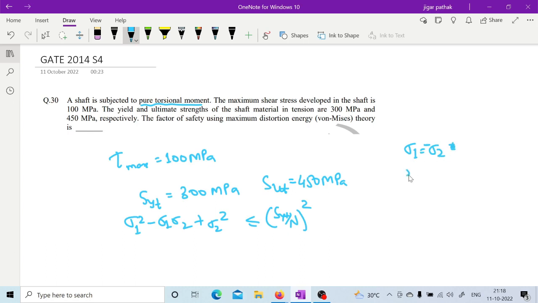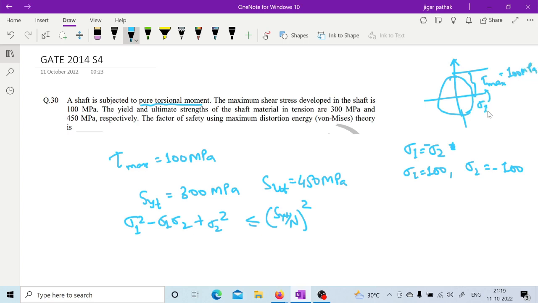So sigma 1 is equal to 100 and sigma 2 is equal to minus 100. That we have seen in the Mohr circle of pure shear, right? As tau max is given as 100, sigma 1 and sigma 2 will be plus 100 and minus 100.